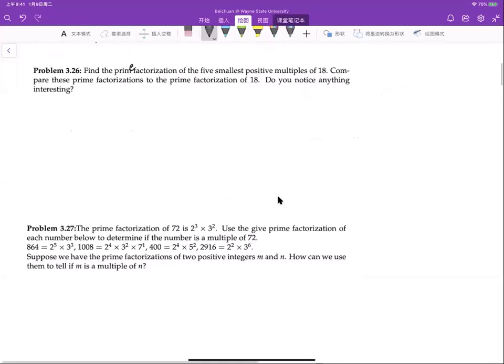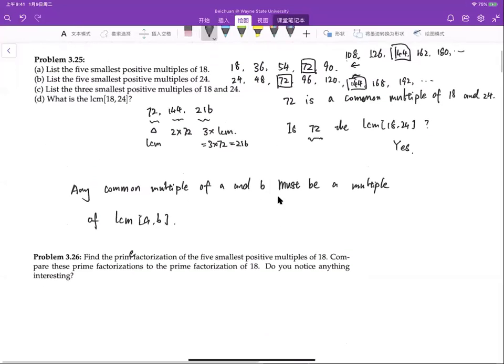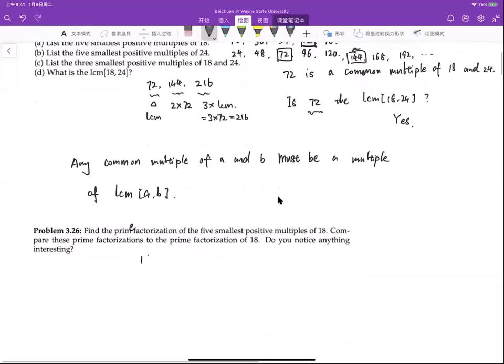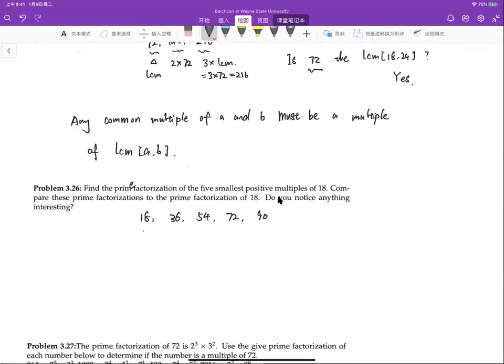Well, we have listed the 5 smallest multiples of 18, right? So they are 18, 36, 54, 72, and 90. And we know that 18 equals 2 times 3 squared, right? So that's the prime factorization of 18.